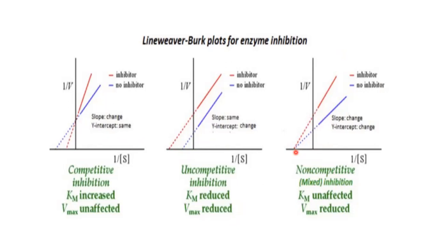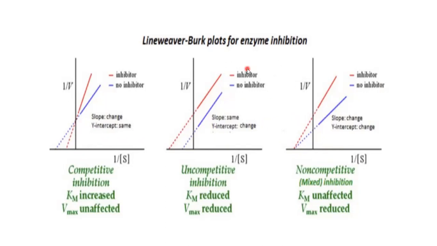So it has nothing to do with the active site. So it does not decrease the affinity of the enzyme for the substrate, but it decreases the Vmax. Because even if we increase the substrate concentration and the substrate binds with the enzyme at the active site, the inhibitor did not bind to the active site. So the Vmax is reduced.